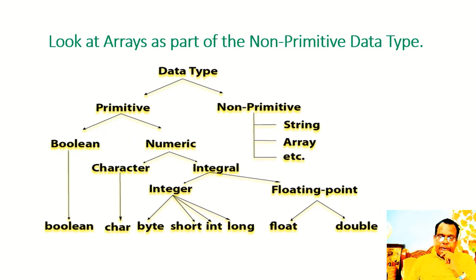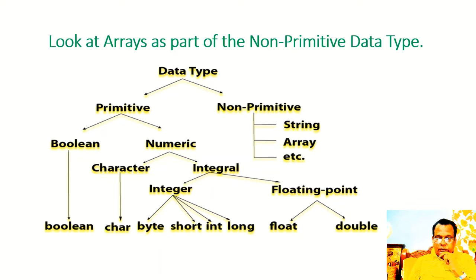Now come to the primitive data type. It can be divided into 2: boolean and numeric. Boolean's data type is boolean, with a small b. And numeric we can divide into character and integral. Character's data type is char. Integral, again, we can divide into 2: integer and floating point.